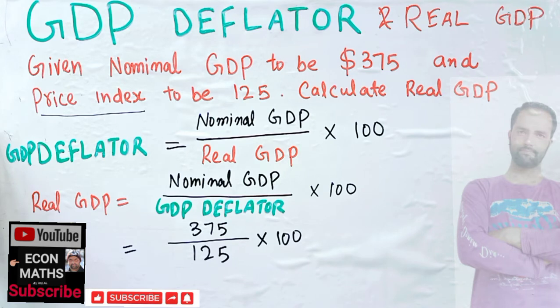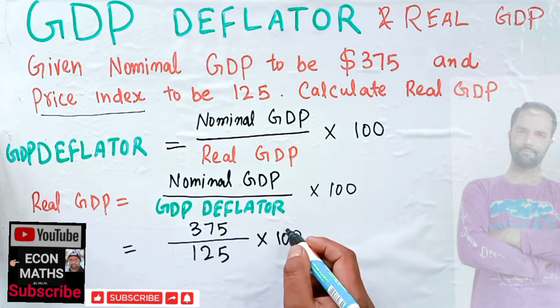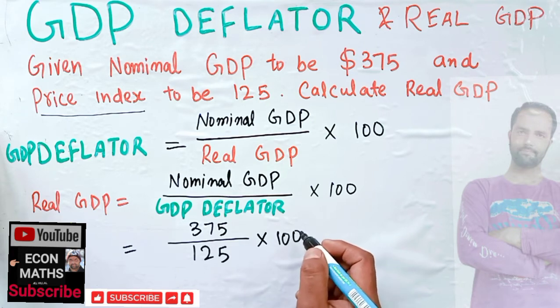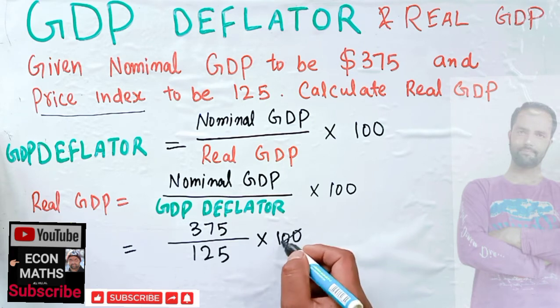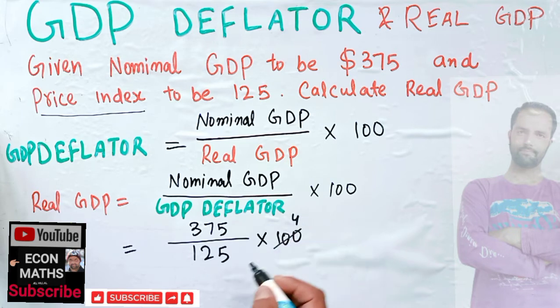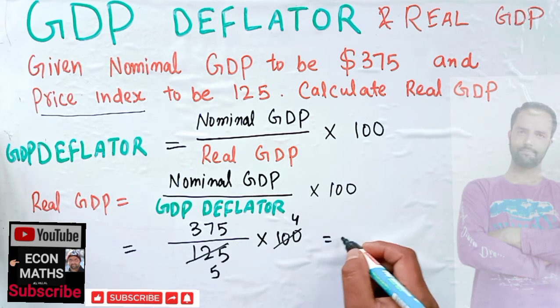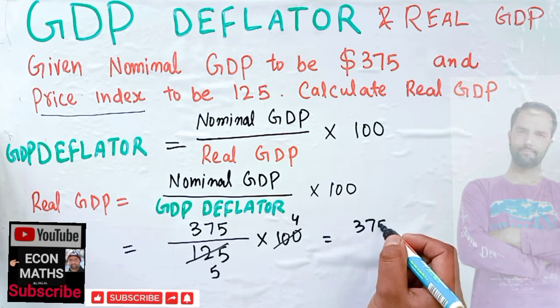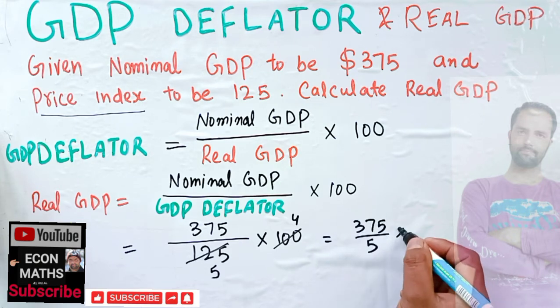Okay, so doing some calculation here, we can write 25 4s are 100, 25 5s are 125. Okay, and then we are left with 375 upon 5 into 4.